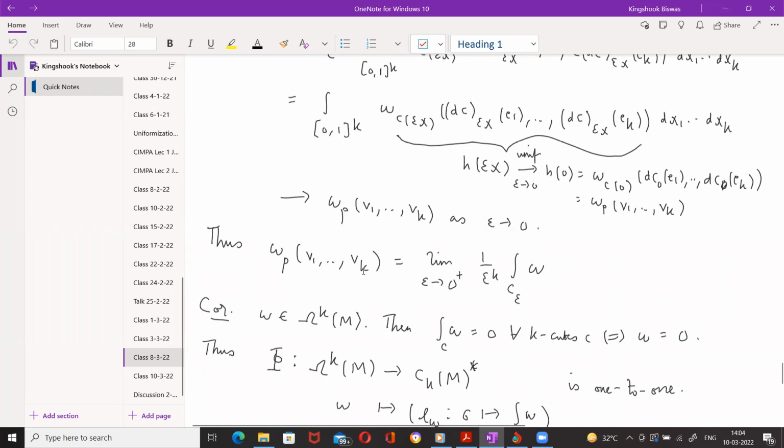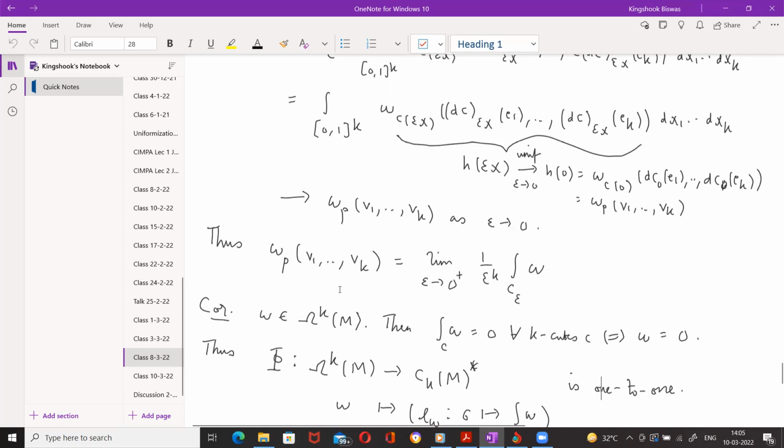So therefore, the value of omega on any tangent vectors is given as a limit of integrals of omega over shrinking cubes with sides which are tangent to those vectors, right? And using this, it follows immediately that if the integral of omega over all k cubes is 0, then the integral over any C epsilon will be 0.